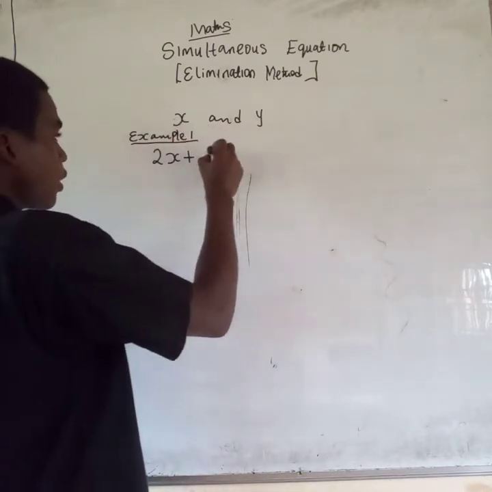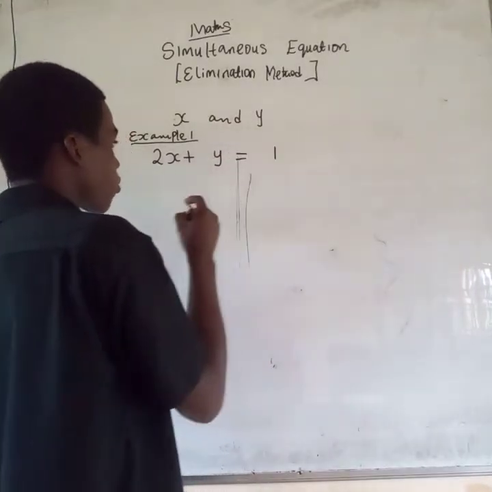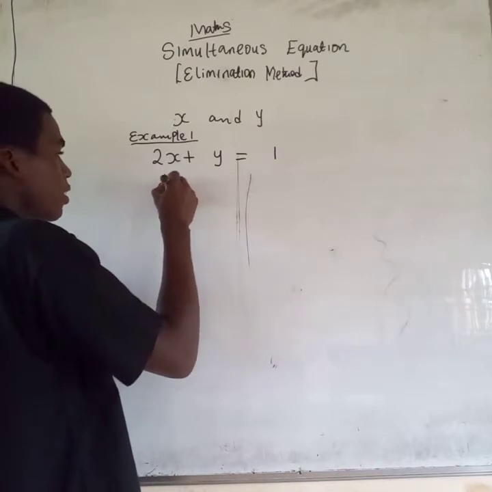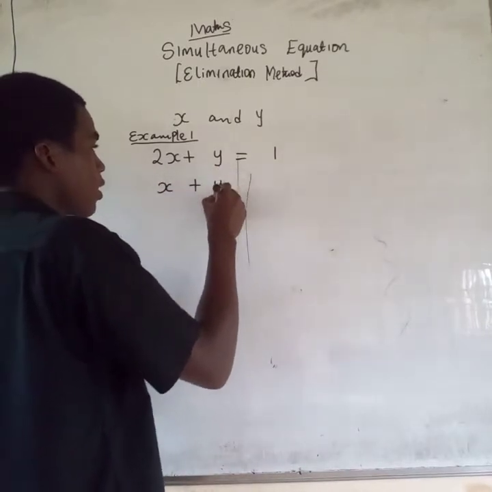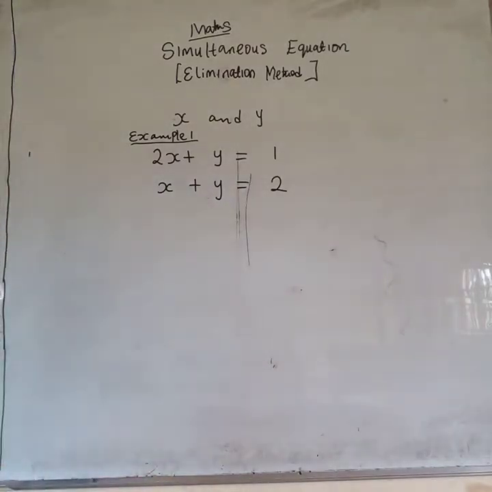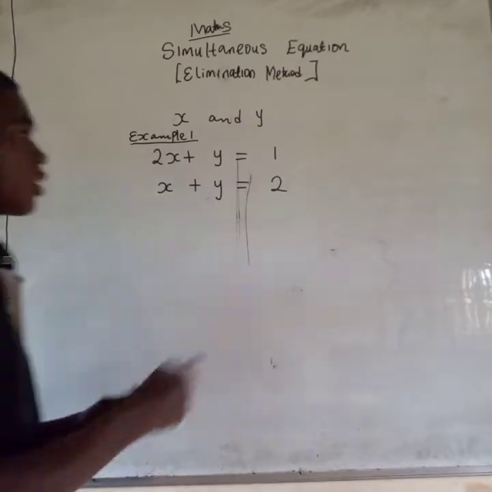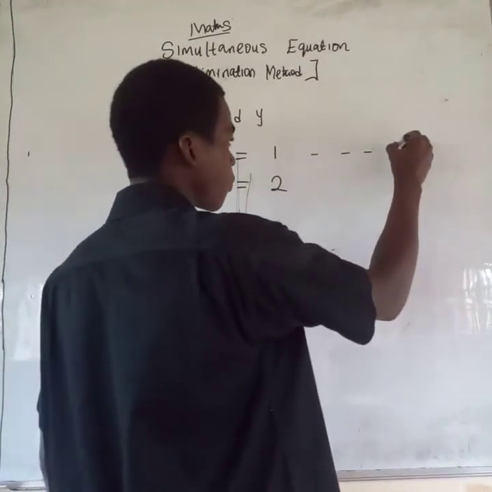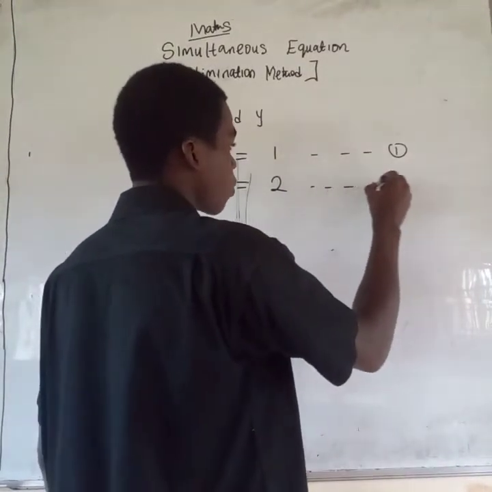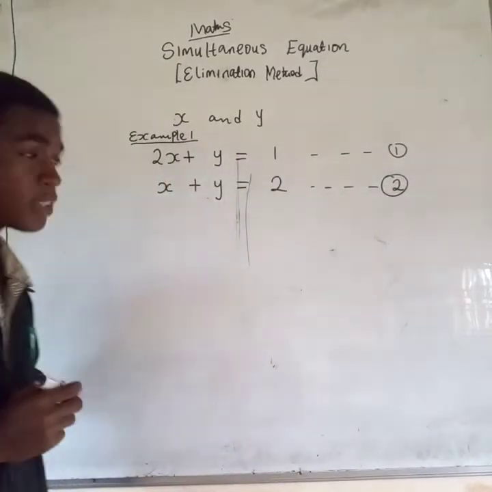Let's say we have 2x plus y equal to 1. Then I have x plus y equal to 2. Now this is a simultaneous equation, right? This is equation 1, and this will be my equation 2, right?